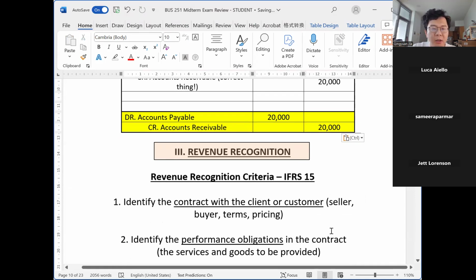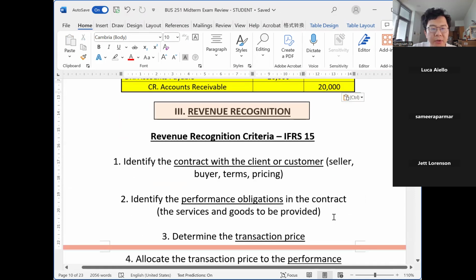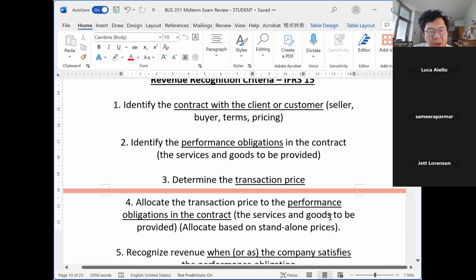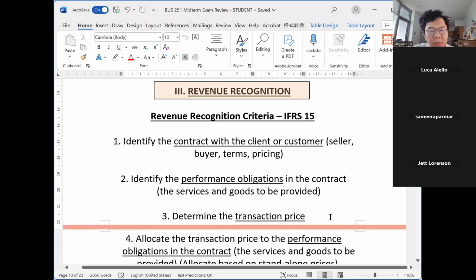Next part, let's move to the revenue recognition. About the revenue recognition criteria, there are five steps to do the revenue recognition.